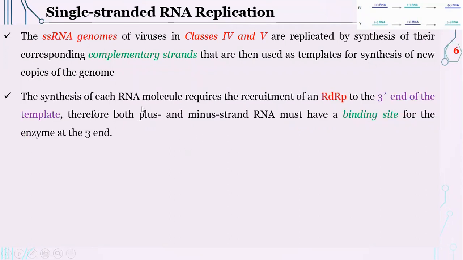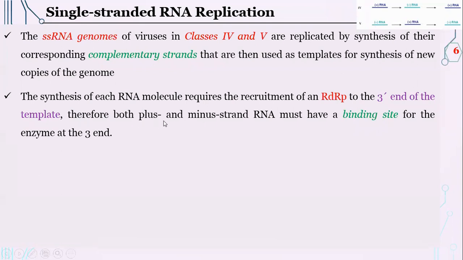So the synthesis of each RNA molecule requires recruitment of RNA-dependent RNA polymerase to the 3' end of the template. So the 3' end of the template will be used by the RNA-dependent RNA polymerase to produce the complementary RNA.